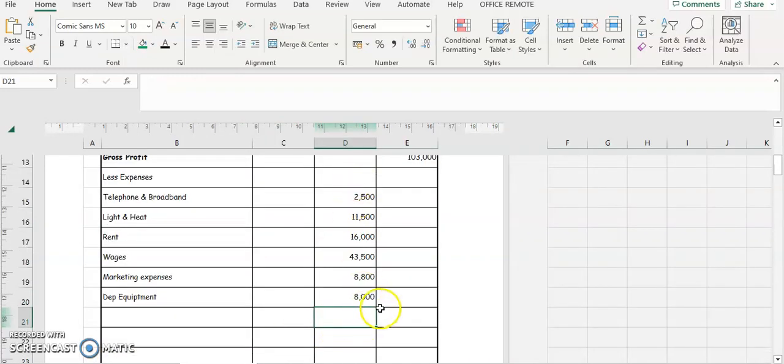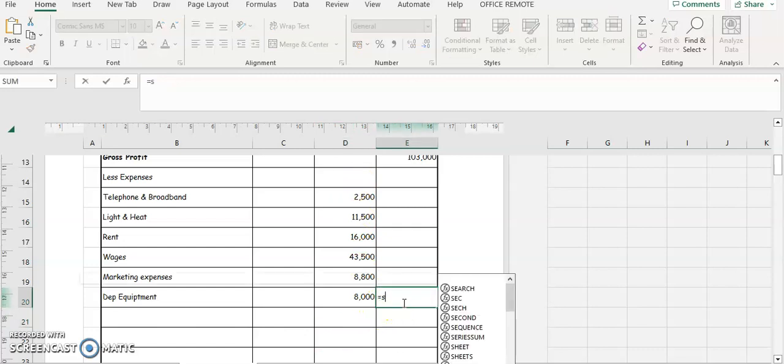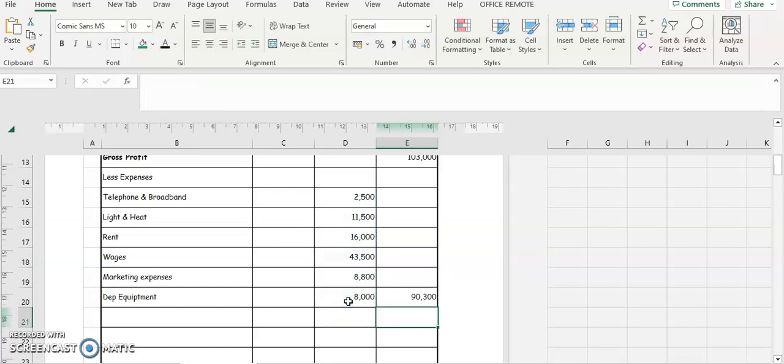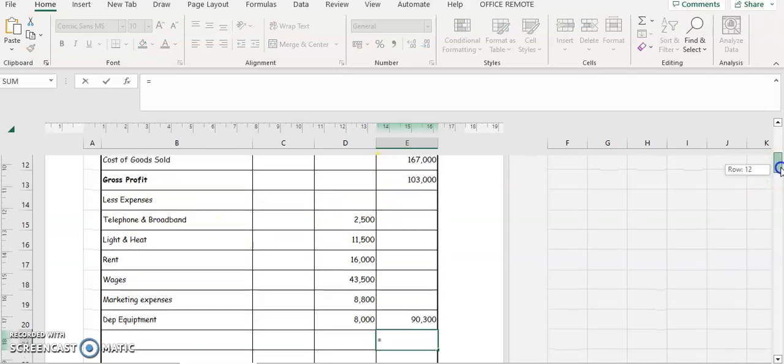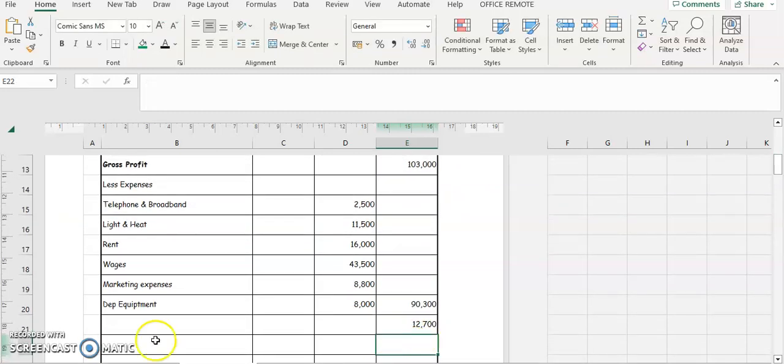So we're going to add all these up. In your calculator you can put all those together, and we get 90,300. And because it says less expenses, we're going to go 103,000 minus 90,300, and that 12,700 is called our net profit.